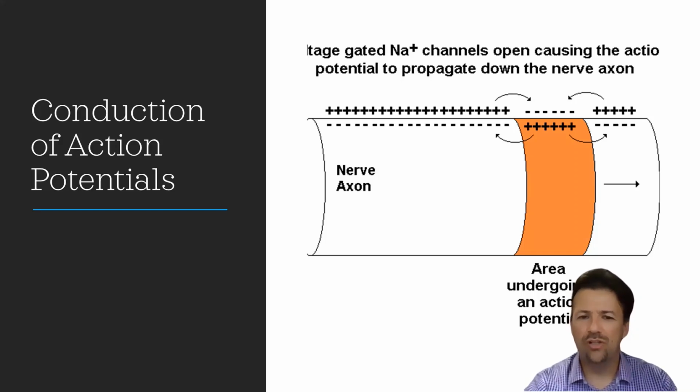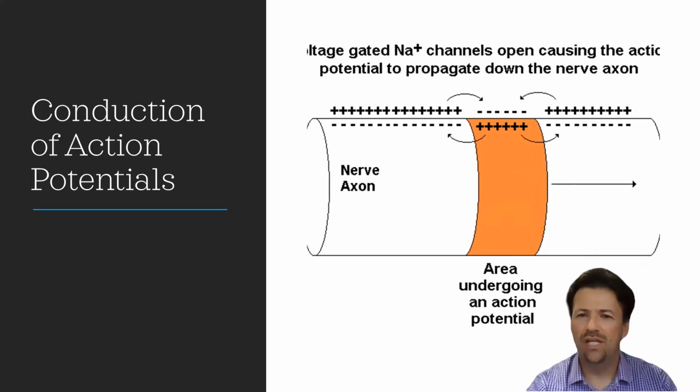Now, one of the things you should have noticed is, why don't we get an action potential moving in the opposite direction? Isn't positive charge also going to flow in this direction, backwards? Well, the reason for that not occurring is simply because, remember, this region of the axon would have just undergone an action potential. And the sodium channels would still be in their inactivated state.